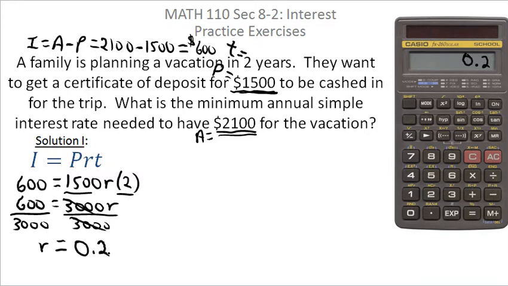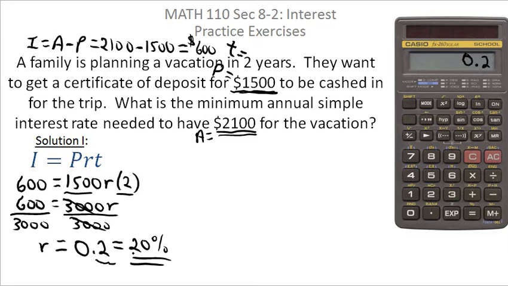Now remember, when we give our rates as a final answer, we want them back as a percent, so you move the decimal point 2 places to the right, and that comes out to 20%. So you would have to get 20% interest to make 2,100 end up in that account after just 2 years, and that's probably not going to happen.